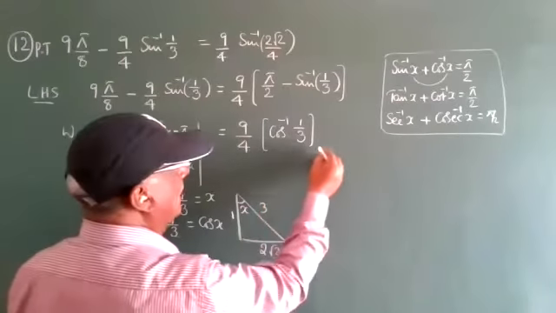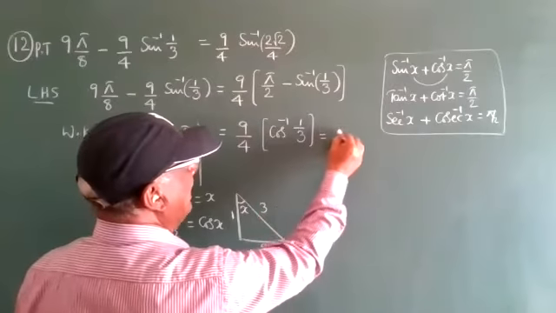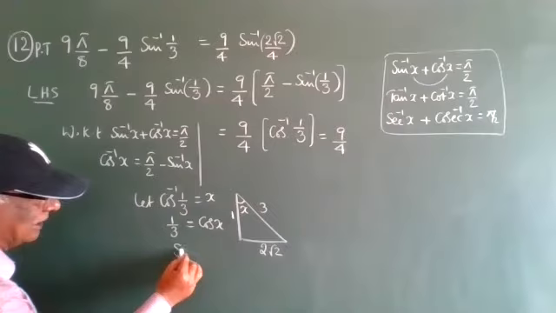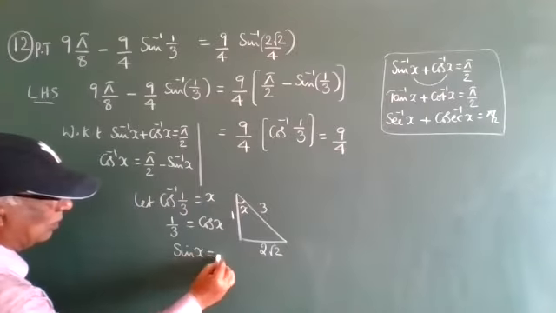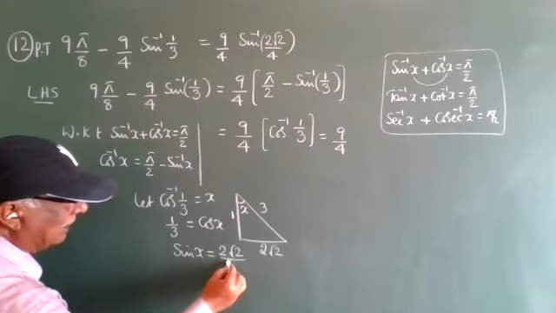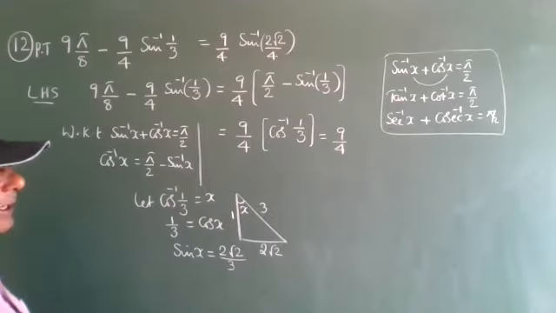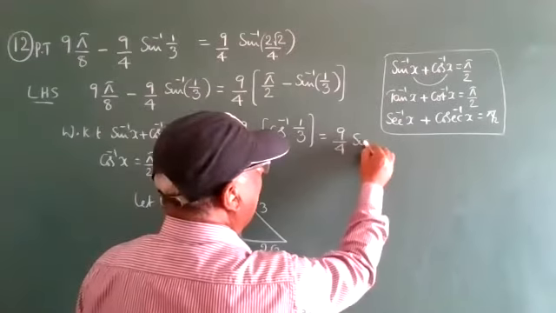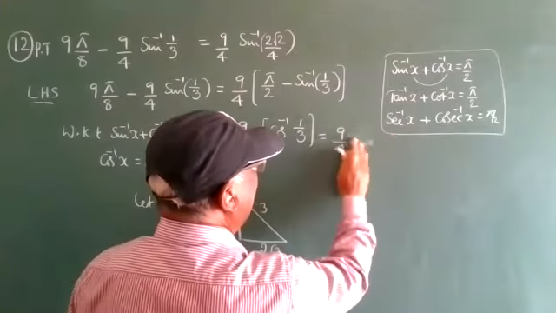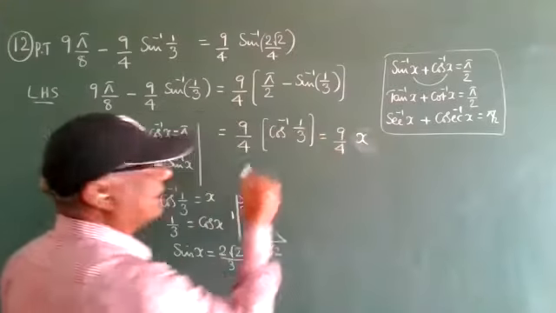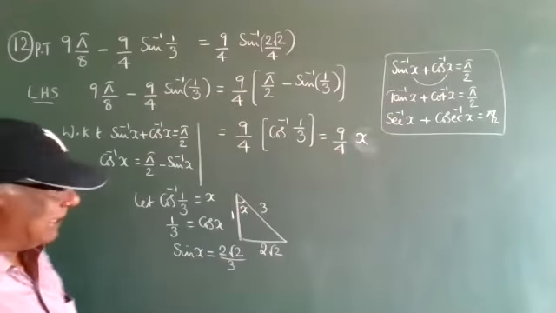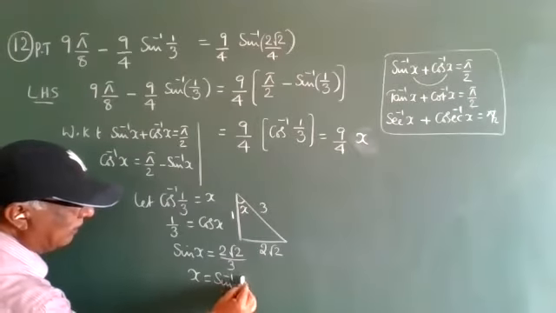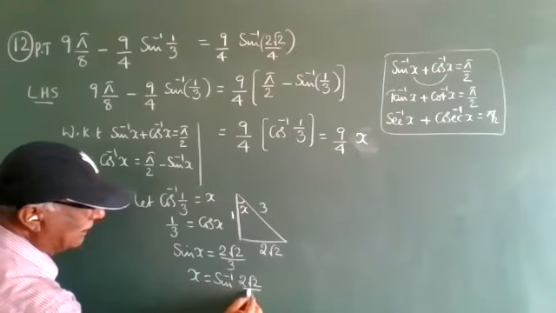Right. Now convert this in terms of sine x. Sine x is equal to 2 root 2 by 3. So x, which was cos inverse of 1 by 3, is sine inverse of 2 root 2 by 3.